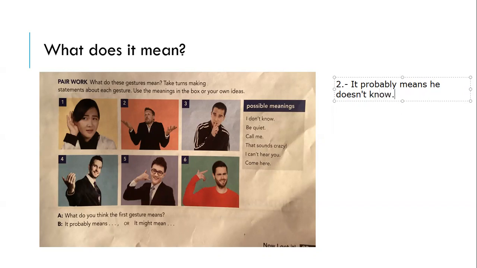He doesn't know. Or it might mean he doesn't know. Okay, we have probably, which is an adverb. Remember, if we are working with adverbs like probably, we're going to use the s, means. But if we are using a modal like might, we are not going to use the s on the verb. We are just going to use the base form.